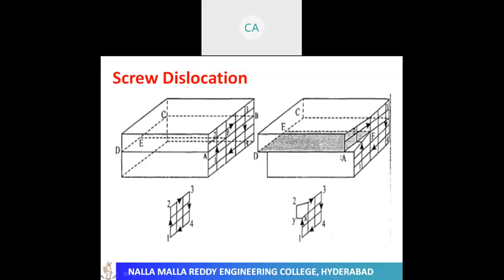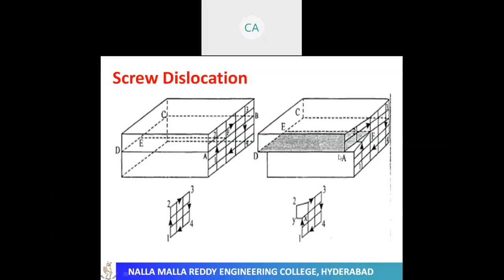Consider the shaded area A, F, E, D on the plane A, B, C, D. Let the top part of the crystal over the shaded area be displaced by one interatomic distance to the left with respect to the bottom part.